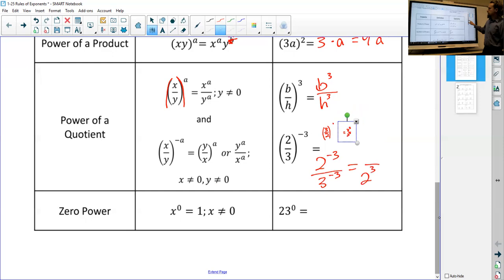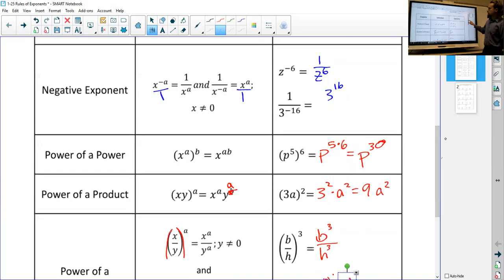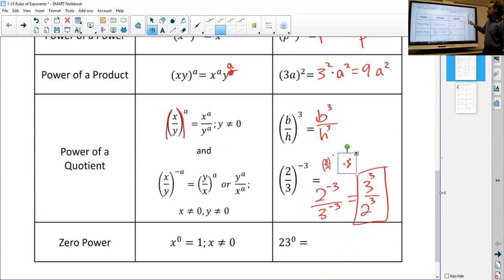What's on the bottom has a negative exponent, so I'm going to move that to the top, and that negative 3 becomes positive 3. And we end up with the same answer. So you don't really need to remember this one, as long as you remember this rule here. And you're not going to get far at all if you don't know this rule here, so definitely know this one. As long as you know that if you have an exponent outside the parentheses that applies to top and bottom, you can get the same answer without having to memorize all of this.